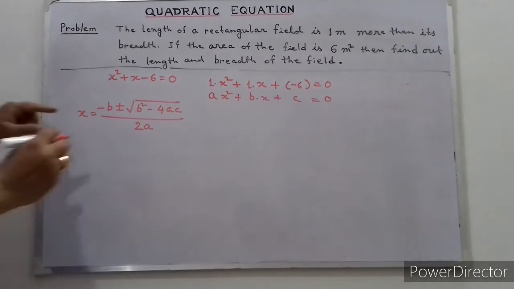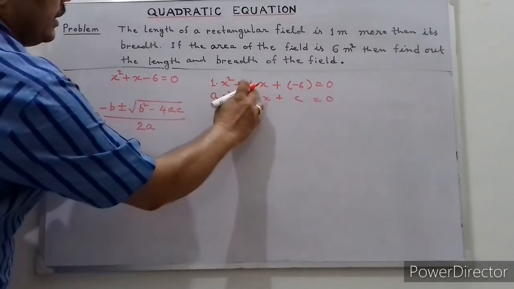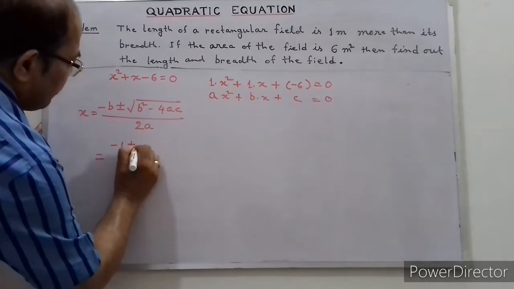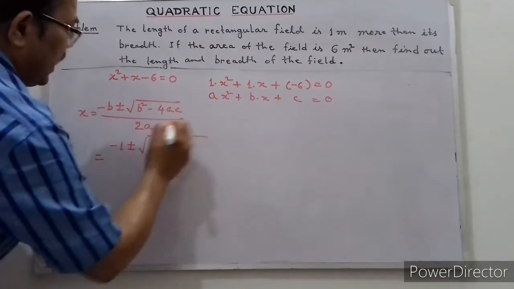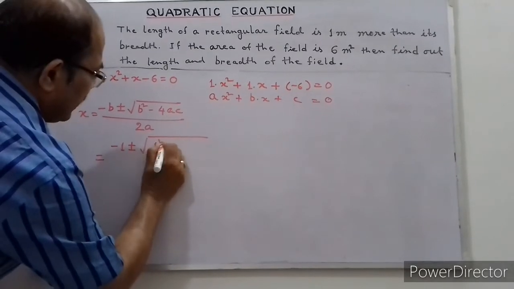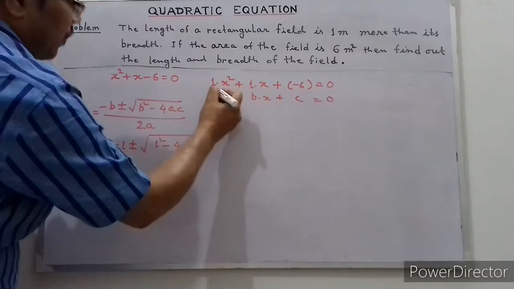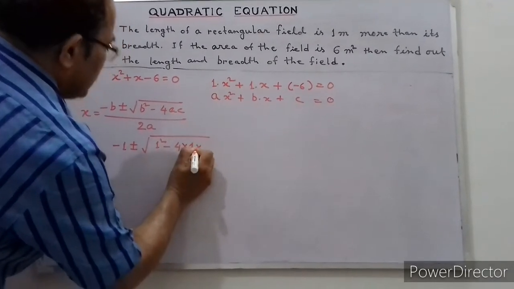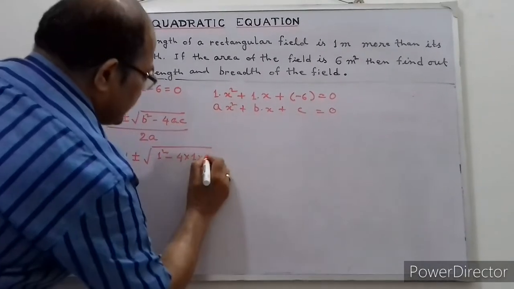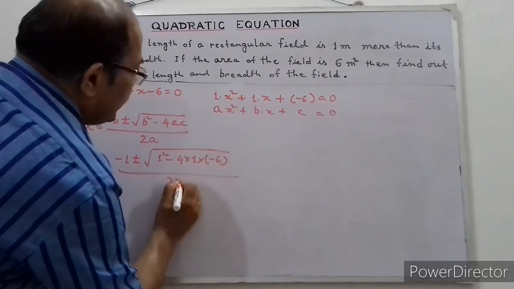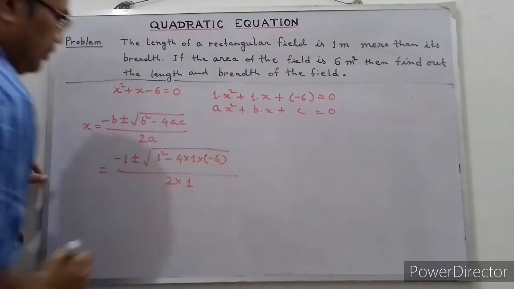So what is minus b? b is 1. So write down minus 1 plus minus root b square, that means 1 square minus 4ac, 4 into a is 1, c is minus 6, by 2a, 2 into a is 1.